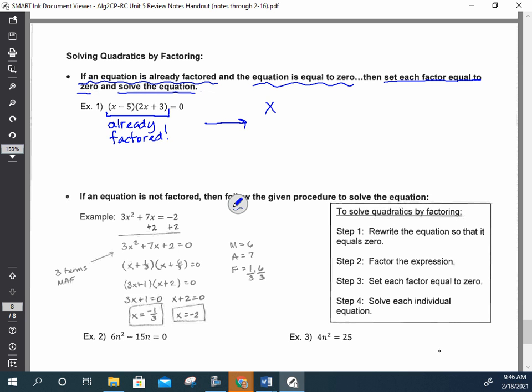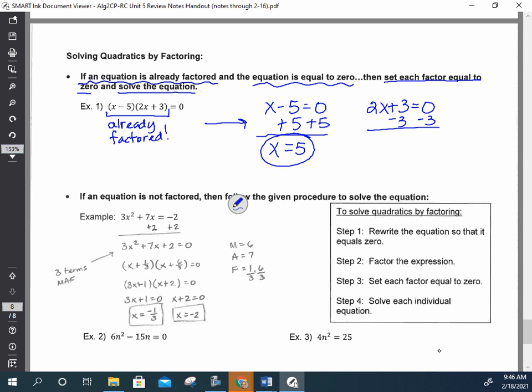So what you would do is take each part, set it equal to 0, and then you would solve it. So x minus 5 equals 0. Add 5 to both sides. x equals 5. 2x plus 3 equals 0.